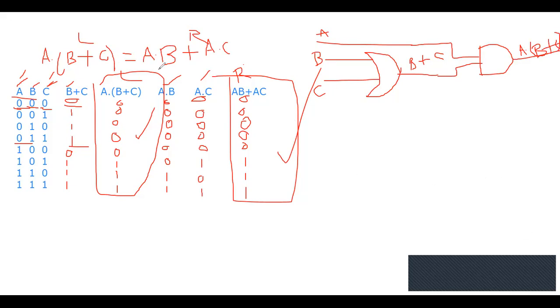What is RHS? A dot B plus A dot C. Now draw the circuit further. A dot B. Suppose this is A, B, dot operation. Dot operation means AND gate.